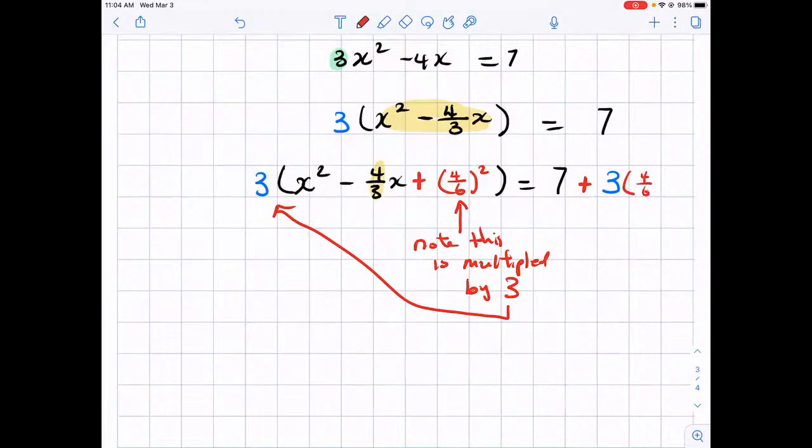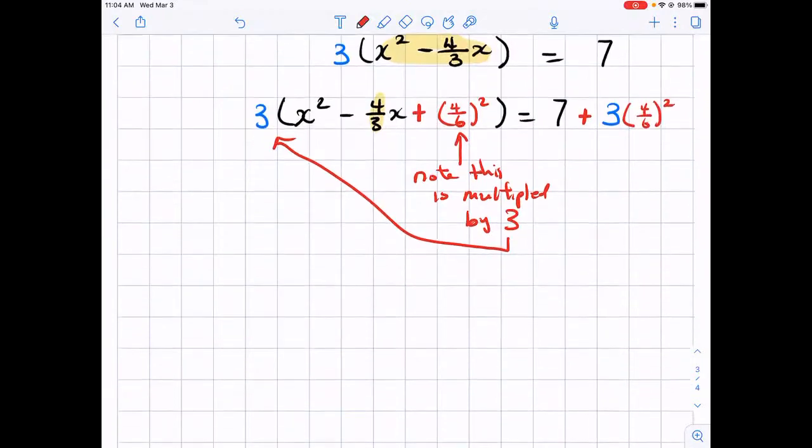So 4 over 6 squared. And that's very important because many times we overlook that. So we have 3, then we have our x squared minus 4 over 3x, and in red, we have plus 2 over 3 quantity squared.